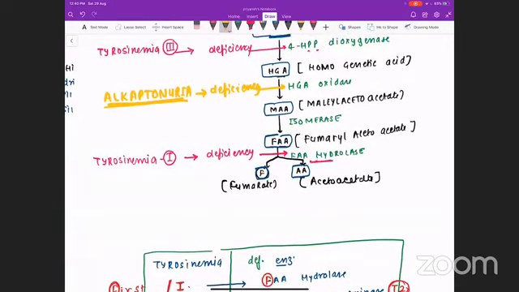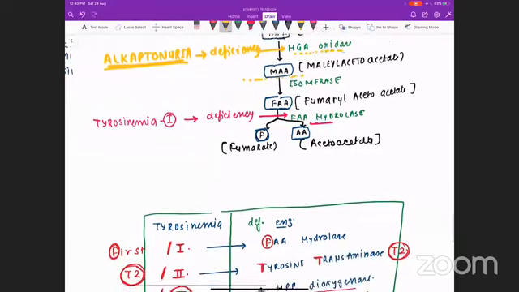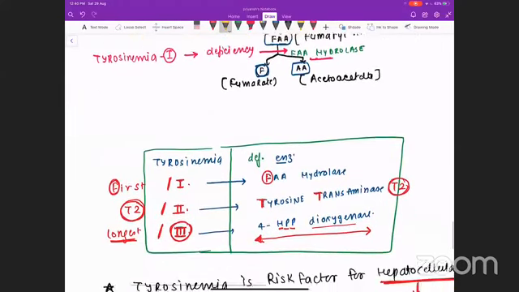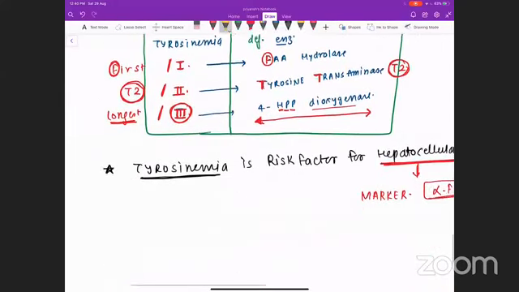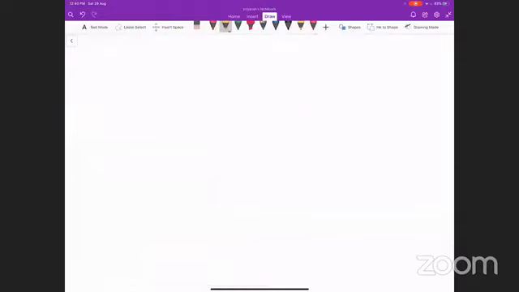I am going to write this reaction again under the heading of alkaptonuria. HGA converts into MAA, and the enzyme is HGA oxidase. Homogentisic acid converts into maleylacetoacetate, and the enzyme is HGA oxidase.